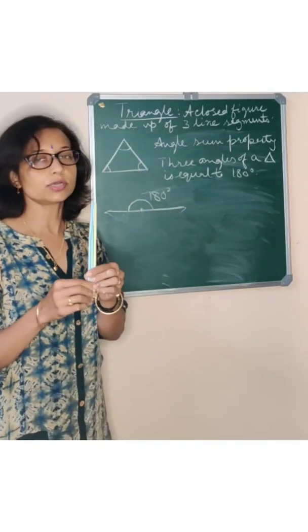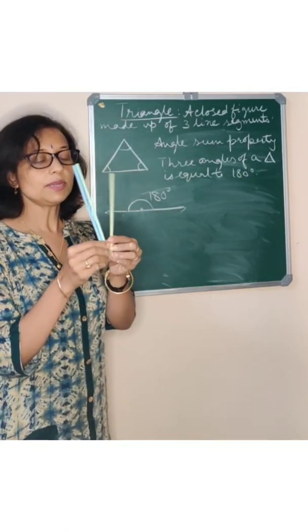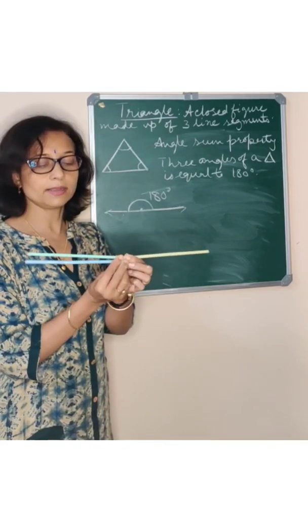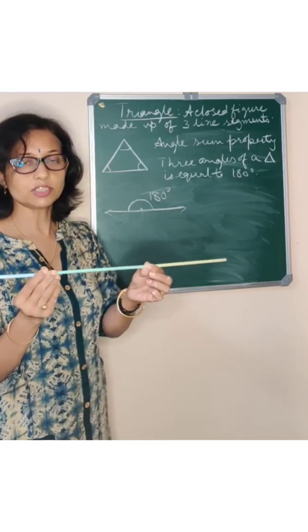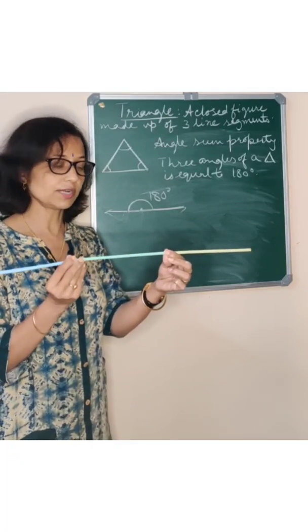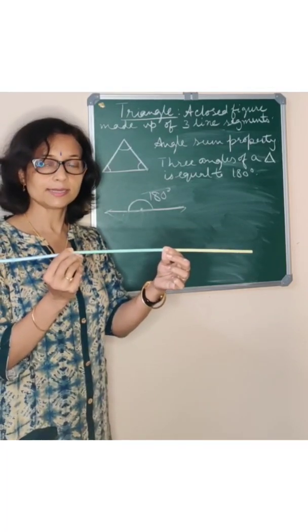I have three straws in my hand. Now, let me make a straight line. This is my straight line. You can see I made a straight line by joining these three straws.